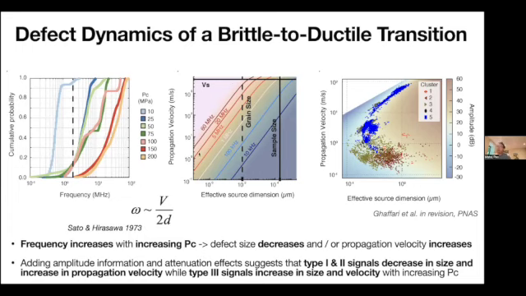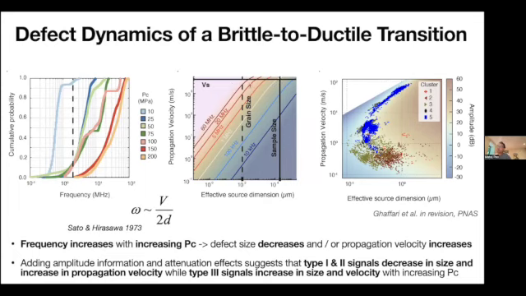If we now calculate what it means for the size and speed of the defect, we can see that the propagation velocity of the defects versus the effective source dimension gives us isolines in the frequency space. So if we record an acoustic emission with a 1 megahertz corner frequency, that can be caused either by a very small source that is moving quite slowly, or by a rather large source that is moving very fast.